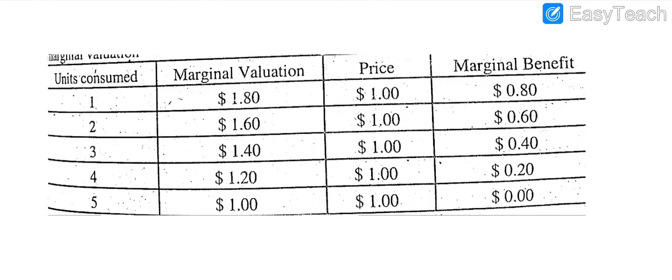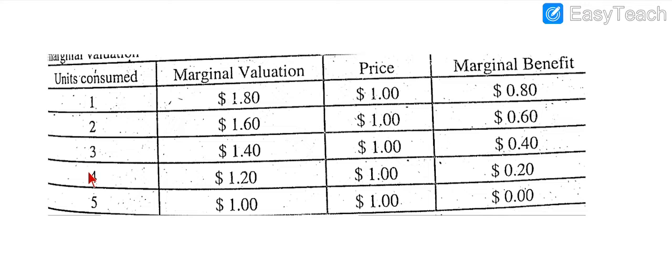See here, for example, the consumer is consuming 5 units, and the marginal valuation of the 1st unit in the market was 1.80. If we assume that the price of the good was $1 and the consumer purchased 5 units of the good in a week, and we want to find the consumer surplus at such a price, we have to understand it.